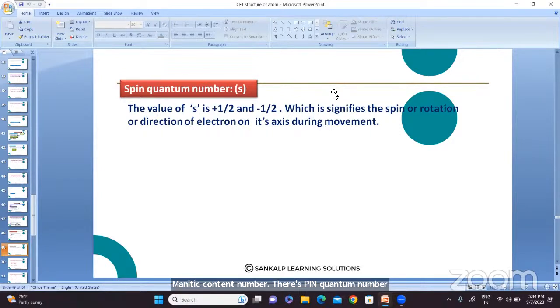The value of s is plus half and minus half. It tells you whether the electron is spinning clockwise or anti-clockwise. If it is plus half, it is clockwise; if it is minus half, it is anti-clockwise.